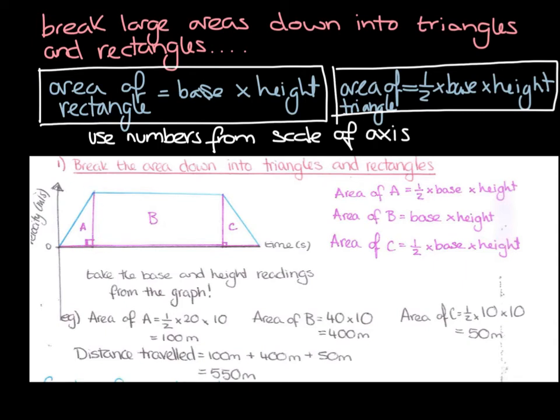For the area of B, this would be 20 and this would be 60, so between there and there would be 40 times the height of 10. And then finally for C, this we said was 60, and this is going to be 70, so we've got 10 times half. Add these three distances together, you get total distance travelled of 550 metres.